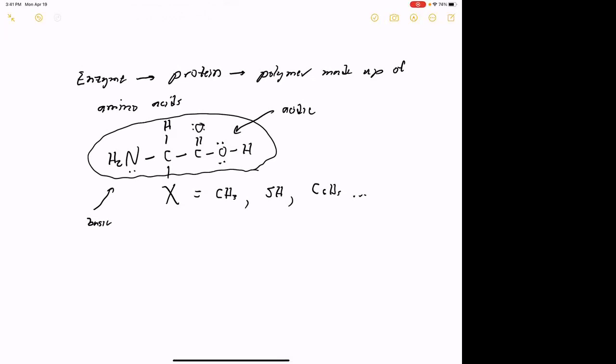So basically, what ends up happening is the neighboring amino acid comes in through the amine, and it ends up binding to that oxygen over there on the right. And you end up making what's called an amide bond that actually links these things together. Okay, so essentially what you end up having is a whole bunch of amino acids linked together to make a chain that could be literally thousands and thousands of amino acids long. All right, so that's what a polymer is.